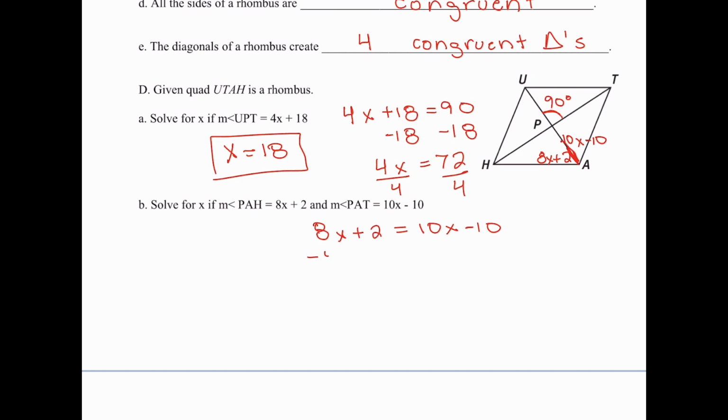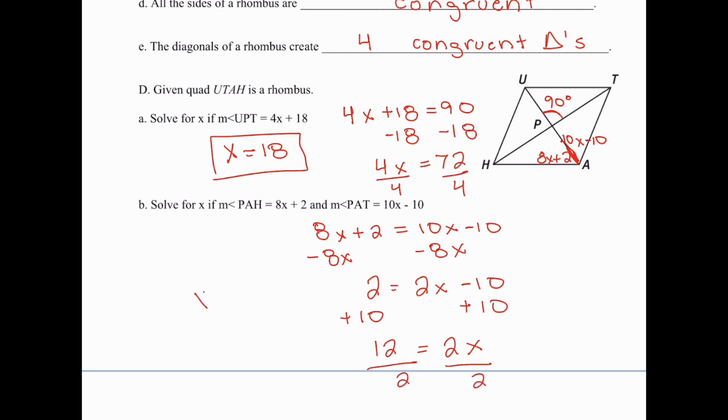So I'm going to subtract 8x on either side. And then add 10 to either side. And if I divide by 2, I get that x is equal to 6. And those are the properties of a rhombus.